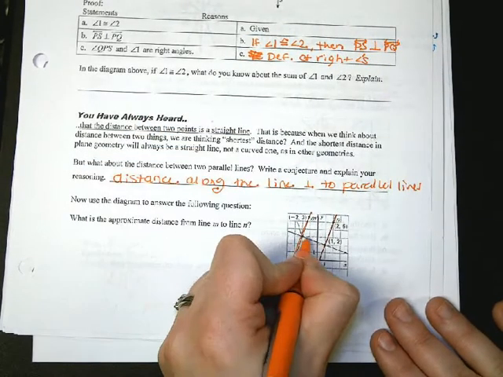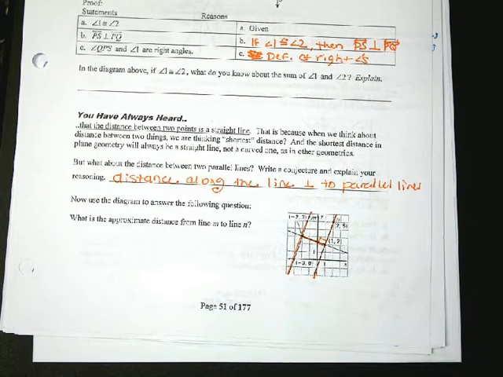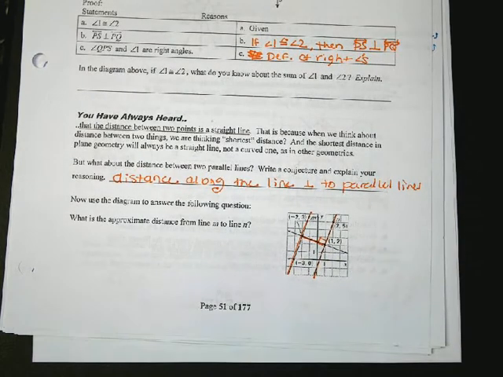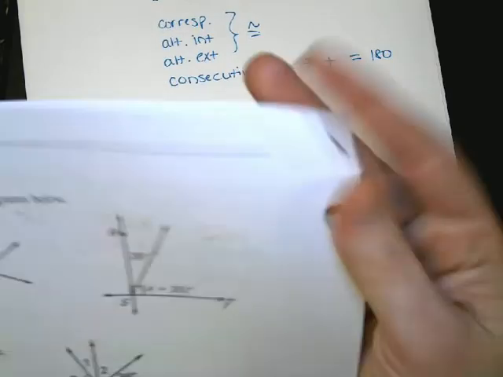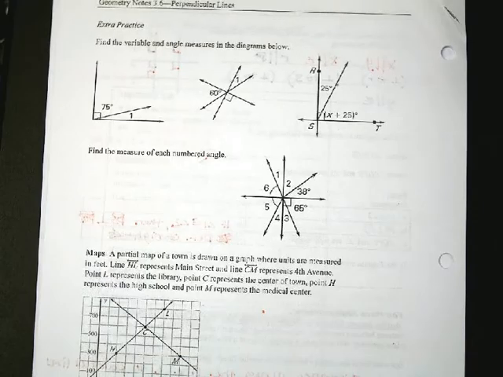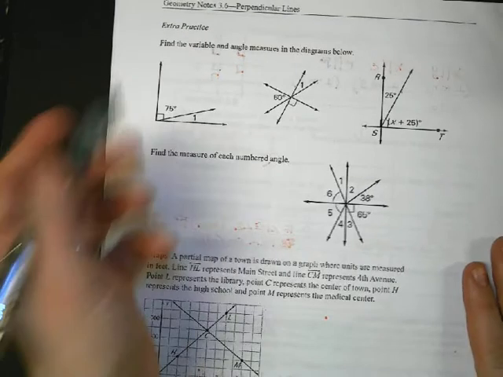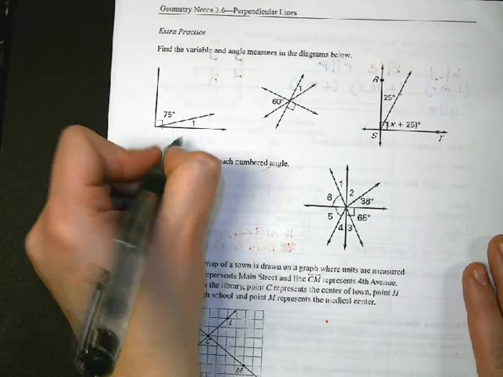All right, look at the next page. Let's do some practice with determining these measures. All right, 75 degrees and angle 1 form a right angle, so that means 75 plus whatever the measure of angle 1 is should total 90. So angle 1 would be 15 degrees.